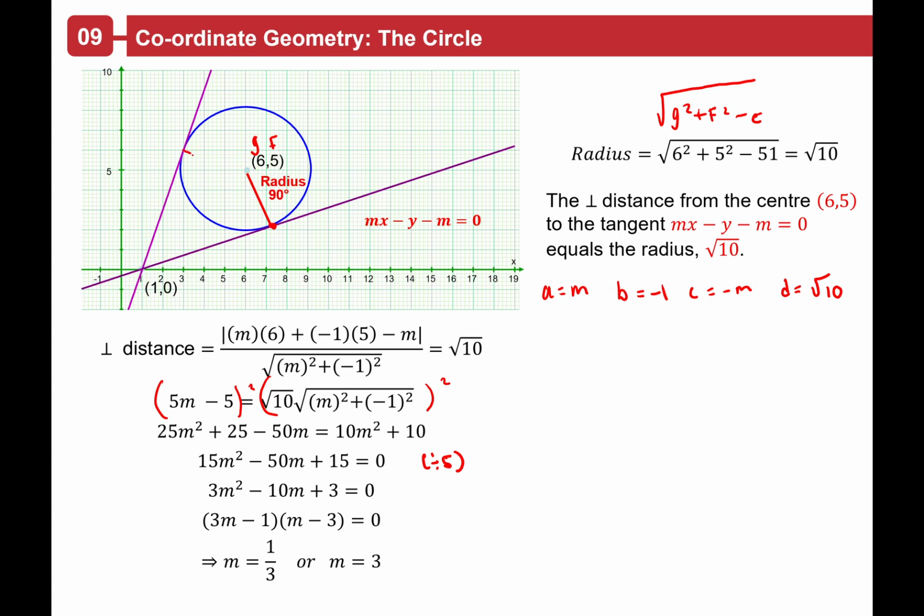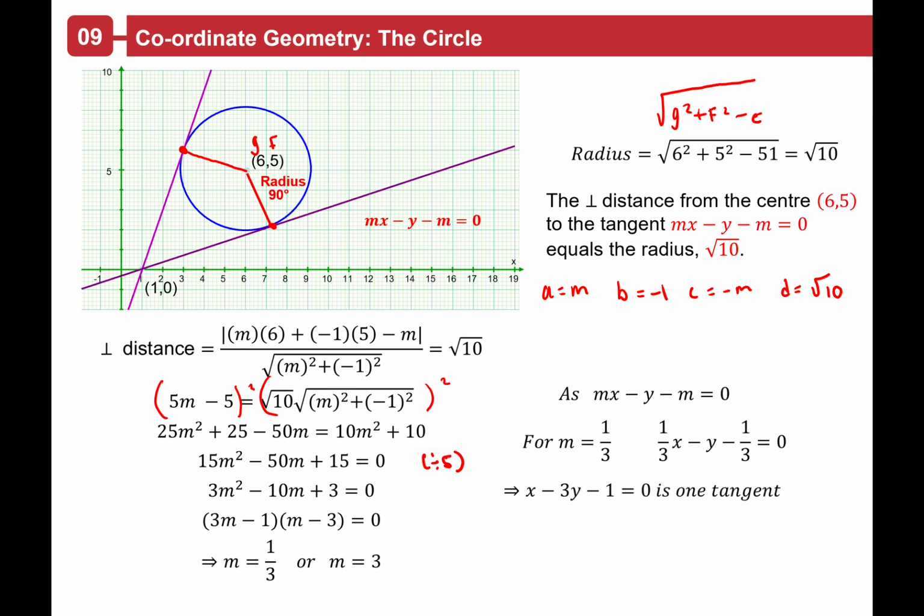So I find my two slopes for my equation of the line, so for my tangents. And from this, I can find my equation of the line. So my equation of the line is mx minus y minus m equals 0. Substituting in both values for m gives us, when m is equal to 1 over 3, your equation of the line is 1 over 3x minus y minus 1 over 3 equals 0.